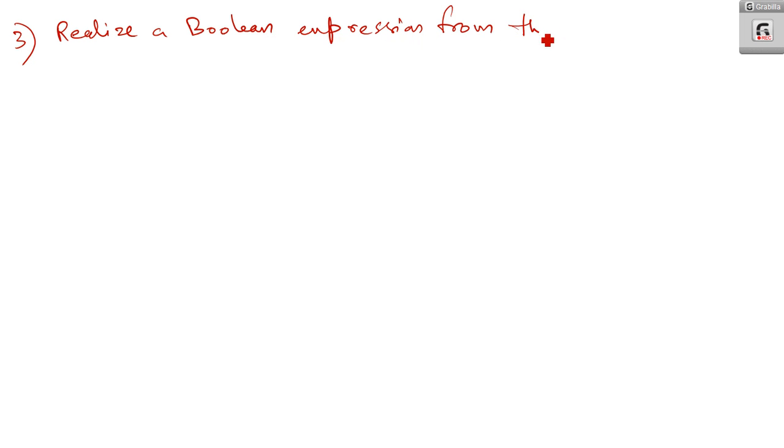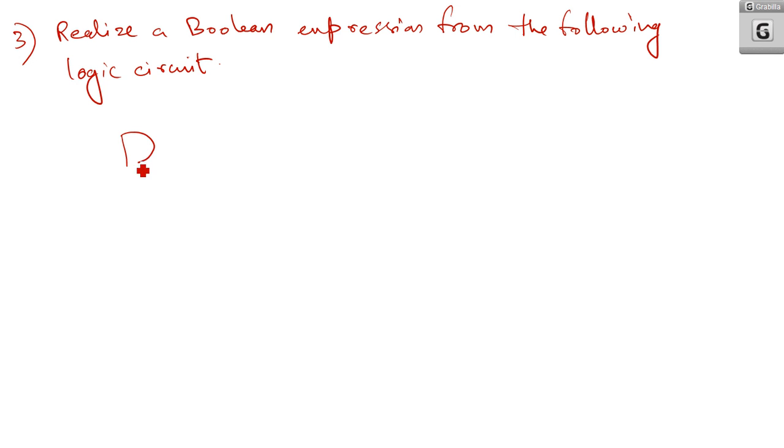Coming to the third question. Realize a Boolean expression from the following logic circuit. So I am going to draw the circuit.